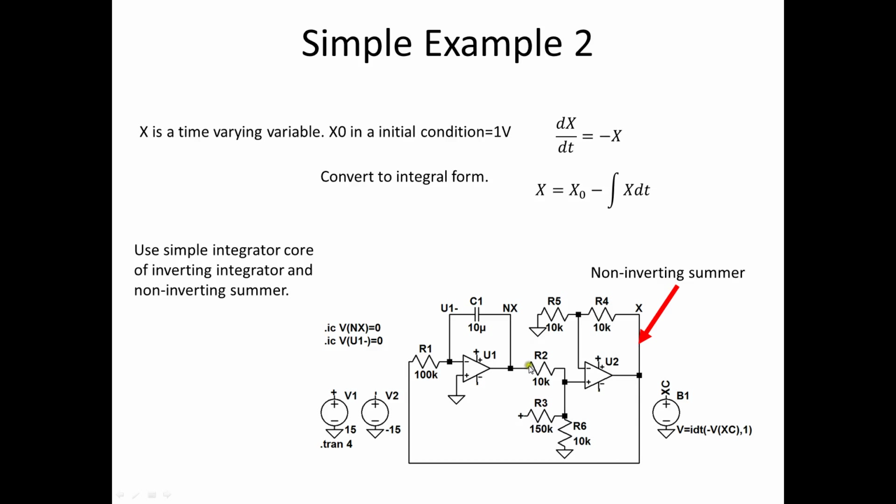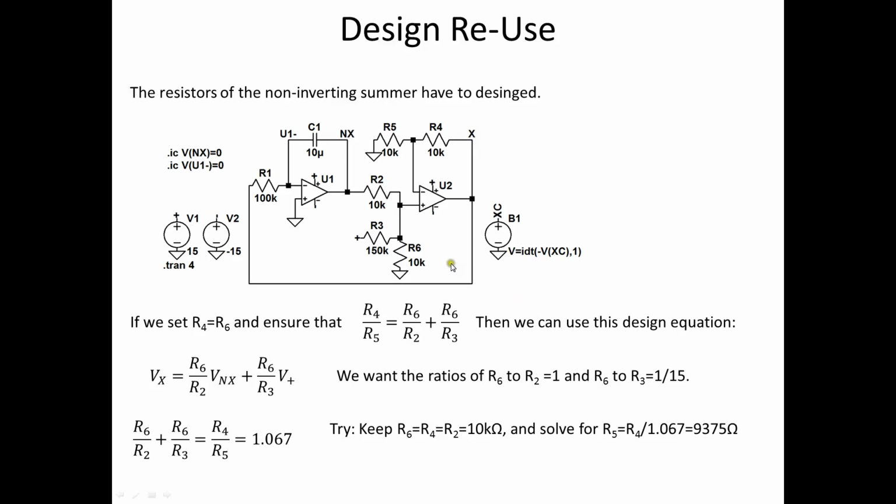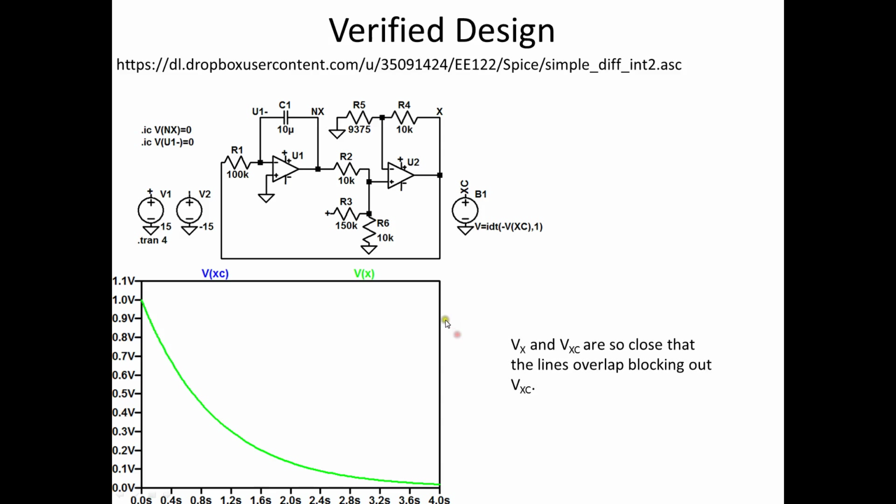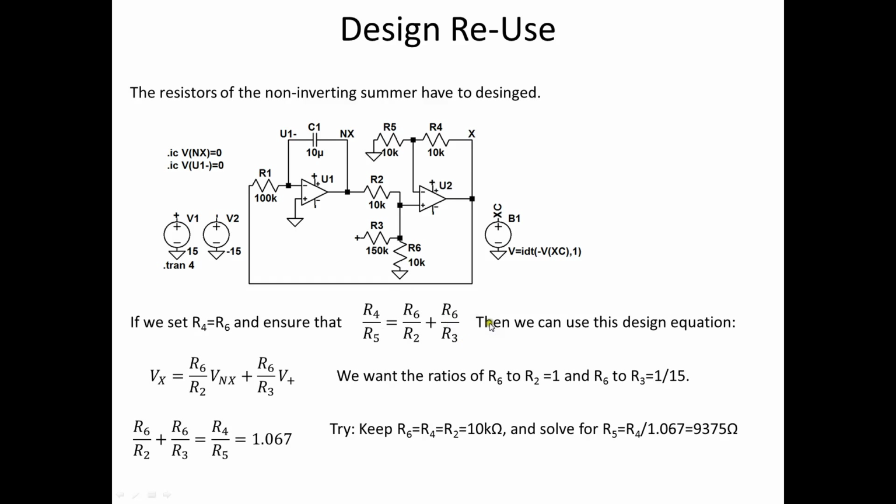Now we need to redesign some of these resistors. Okay, and so if I set R4 equal to R6, and then I keep this ratio here, then I can use this design equation where Vx equals R6 divided by R2 times Vnx, and R6 divided by R3 times V plus. I've got to maintain this ratio, and R4 has to equal R6.